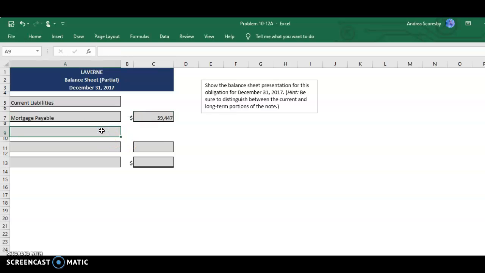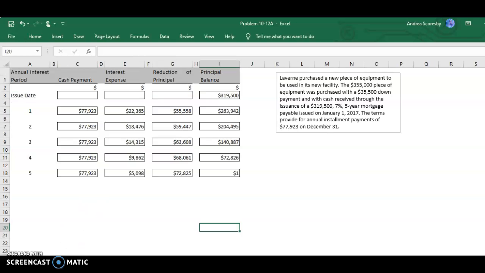And then we need to show the long-term liabilities, how much we have left to pay on this note. So again, it's just going to be mortgage payable. In the balance sheet, we also classify the remaining unpaid principal balance as a long-term liability.